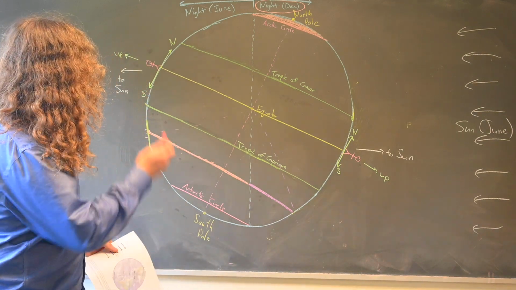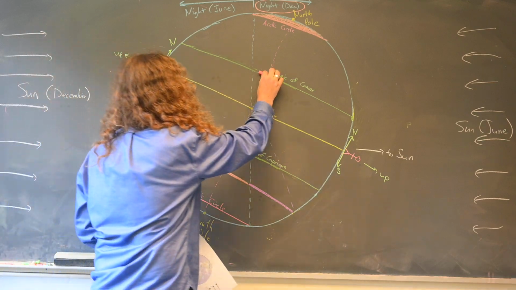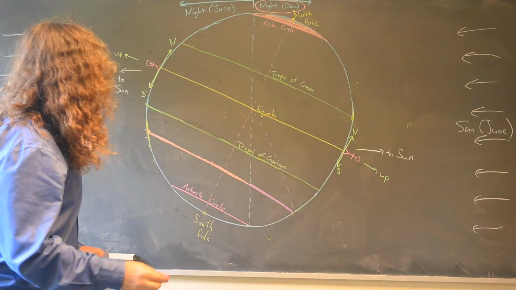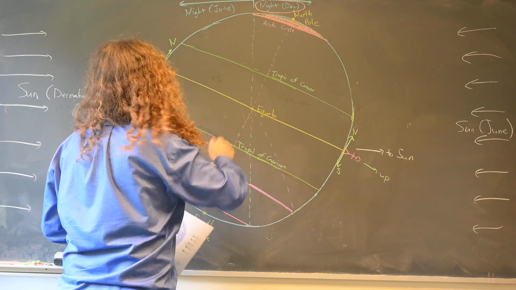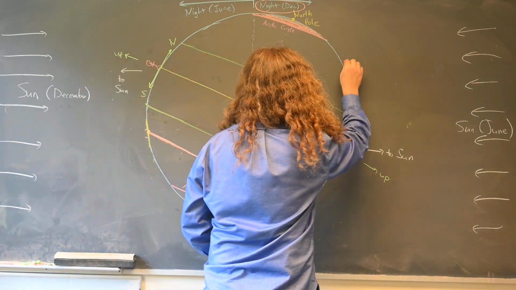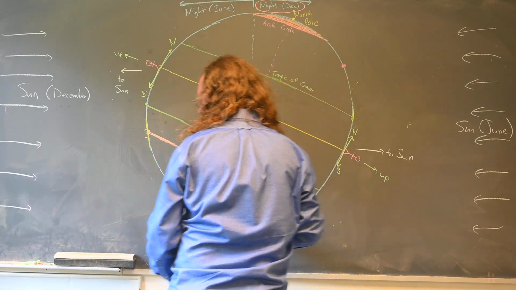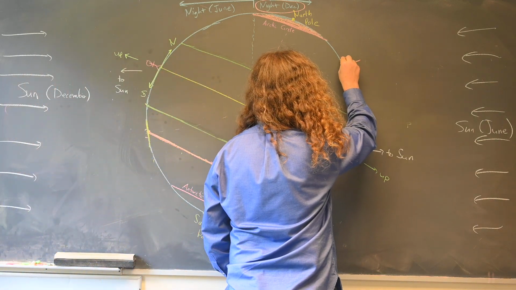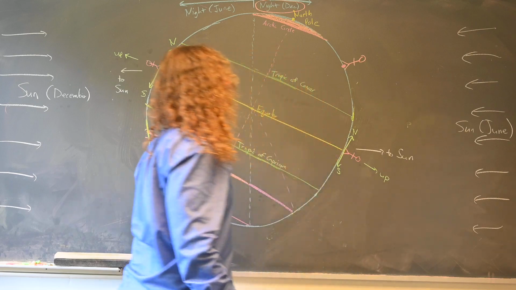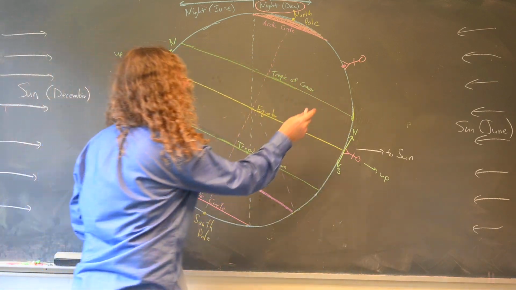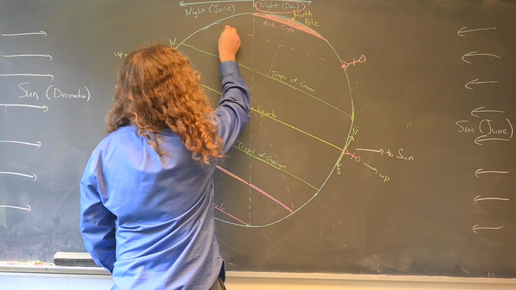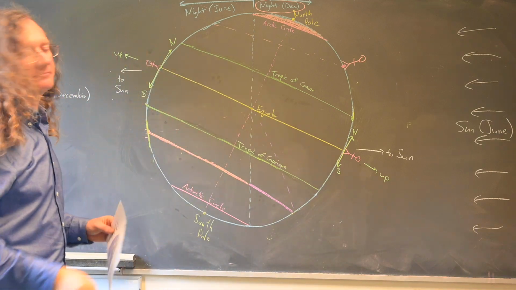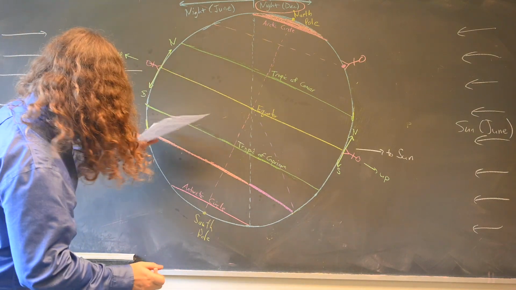Well, we know Syracuse is between the Tropic of Cancer and the Arctic Circle. So you would draw a stick figure up here, and you'd say, okay, here's Syracuse. I have to go get my orange chalk because, of course, we are Syracuse orange or something. I draw a stick figure in Syracuse. I'd say, there's my path, and figure everything out from there, just like we did for Argentina.